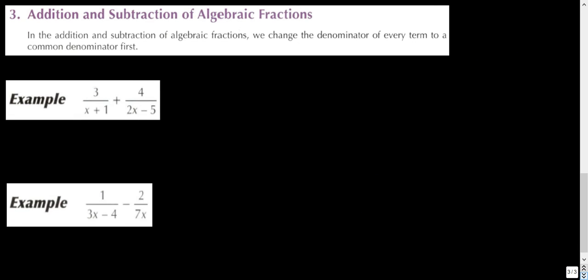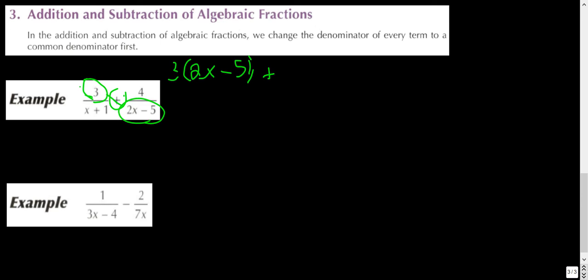So addition and subtraction of fractions. Remember, we worked on this before, and you always do the same kind of method. We take the numerator of whatever's on the left, and we multiply by this term here. So we've got 3 times 2x minus 5. We then do whatever the sign is in the middle.